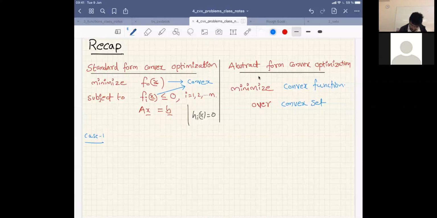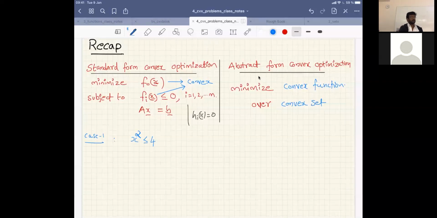I'm saying that we have an optimization problem, and one of the constraints is x squared is less than or equal to, for example, 4. If this constraint is part of our optimization problem, then is the problem convex or not?